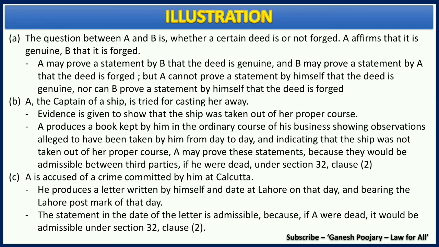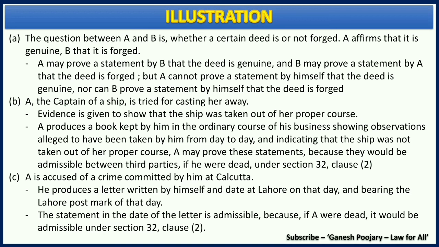Start with A. In the first illustration, there are two parties A and B and they have a document. And the argument here is that one party is saying that the document is forged, whereas the other party is saying that the document is not forged.